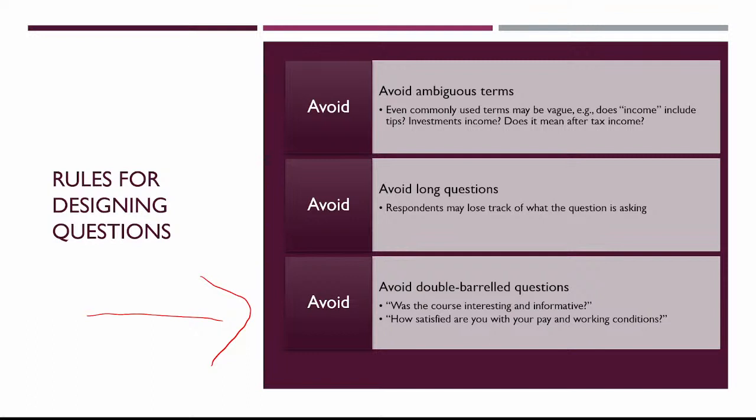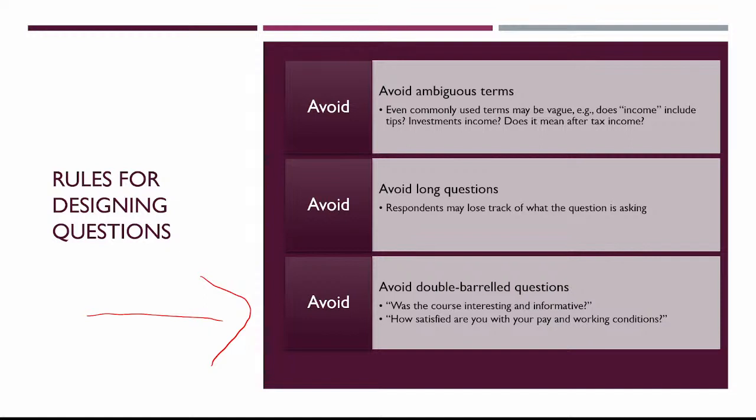A double-barreled question is basically a question that is asking about two things at the same time. And because it's asking about two things, you will not know, as the person interpreting the data, which thing they are responding to, and it may confuse the person answering it, because it might not be both of those things.